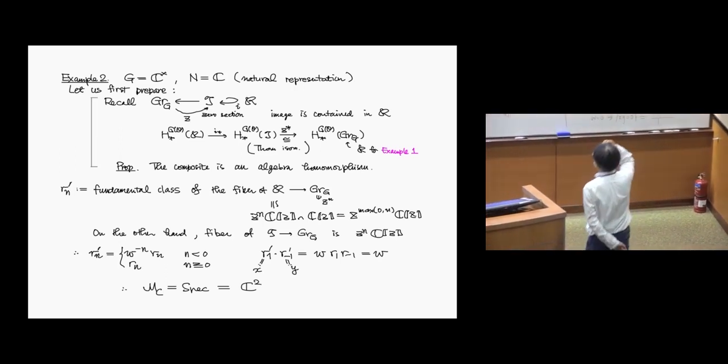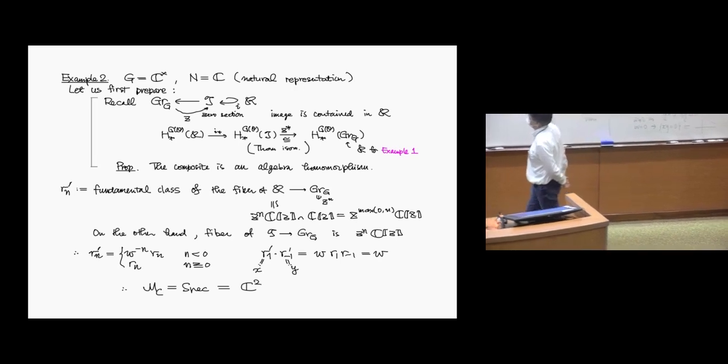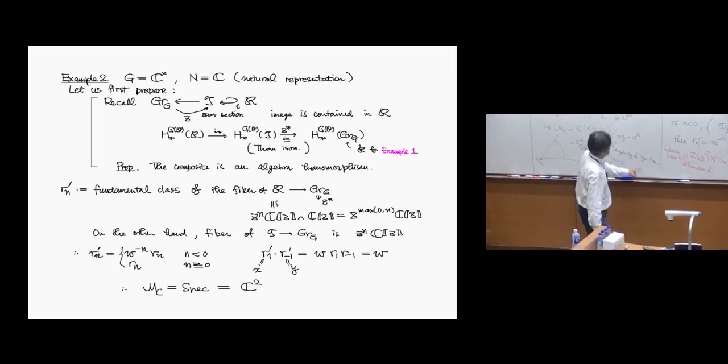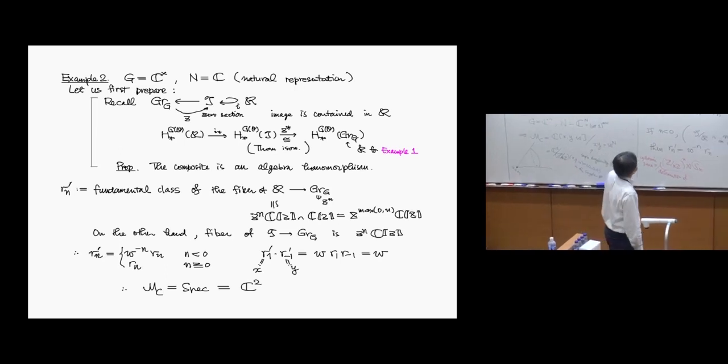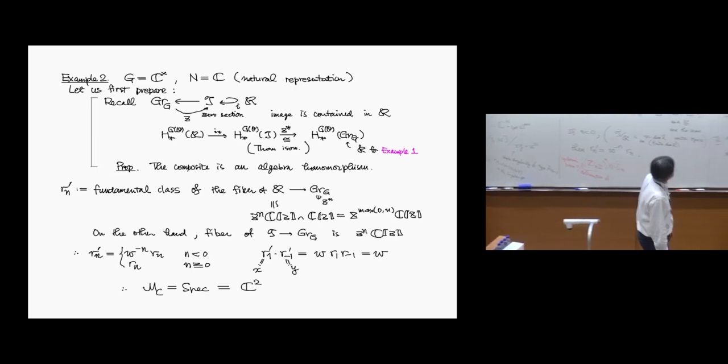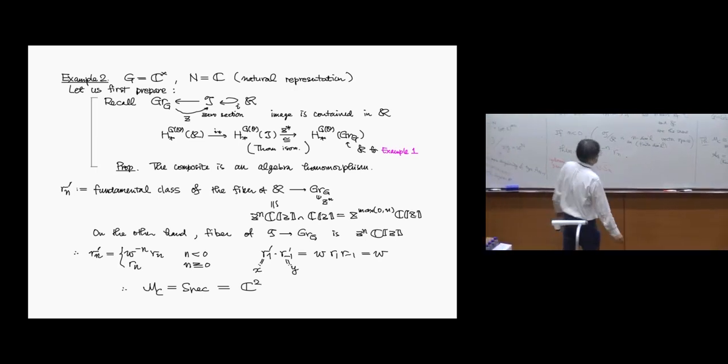Well, so for example, if n is weight 2, then we still get, by the same computation, what is it? What is the point?